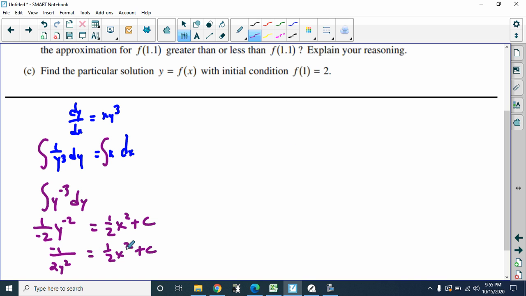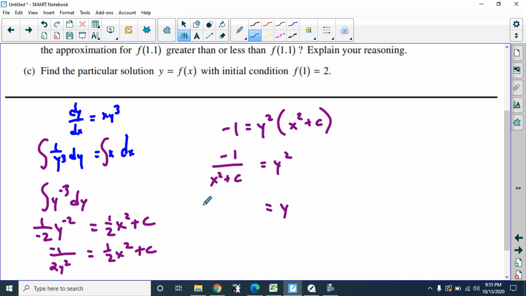We want the particular solution with the initial condition (1, 2). So let's solve for y here. So I'm multiplying times 2, and then also multiplying by y squared. We need to solve for c.